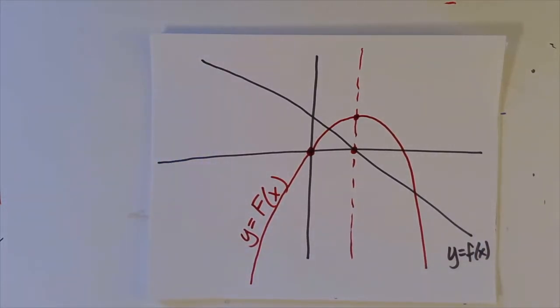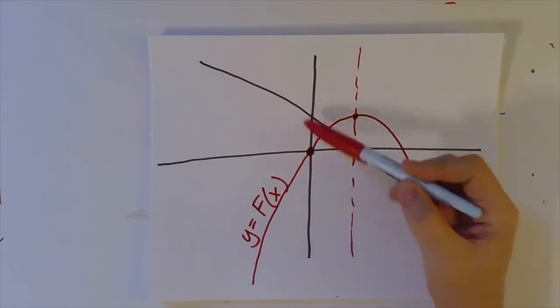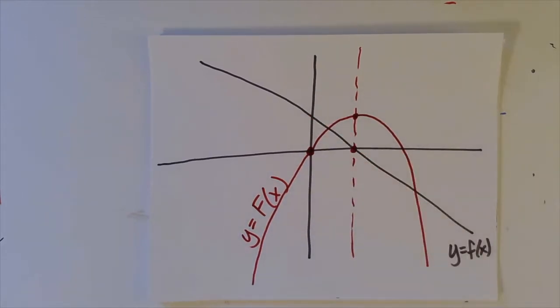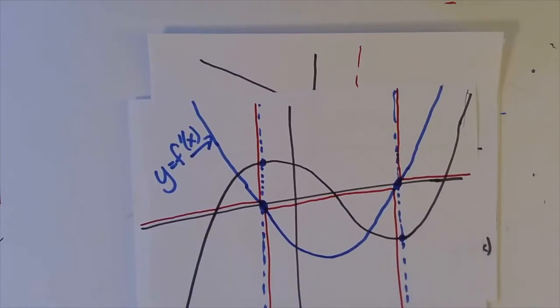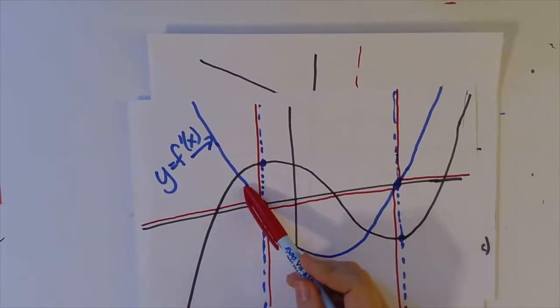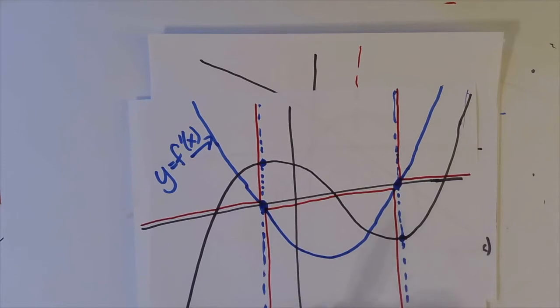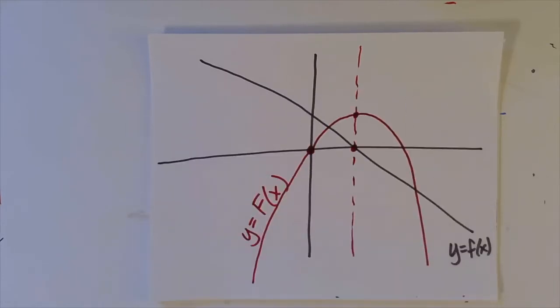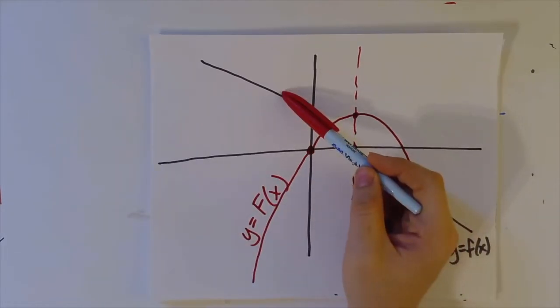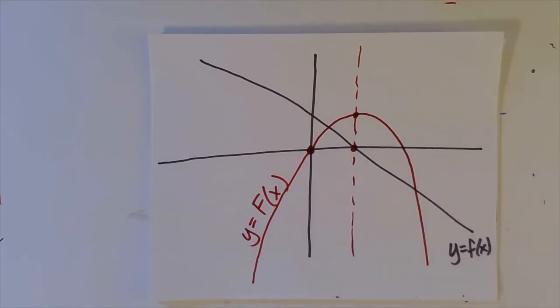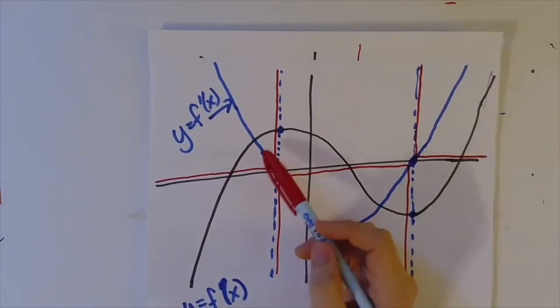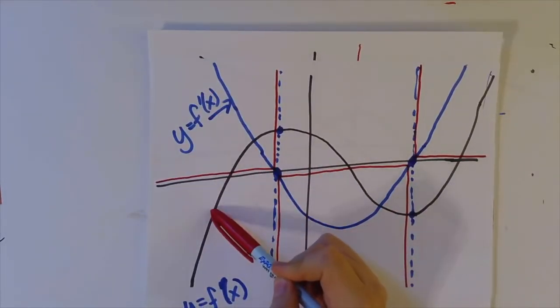Exactly the relationship between the red line and the black line is the same as the relationship in the previous graph between the black line and the blue line. In this graph, the black is the graph of the derivative of the red, in the same way that here the blue is a graph of the derivative of the black.